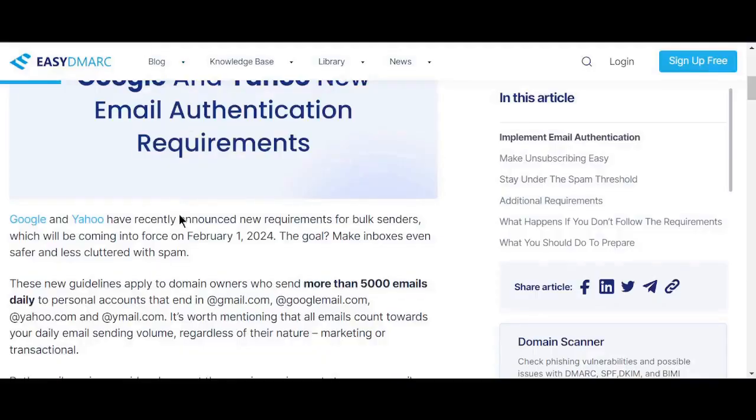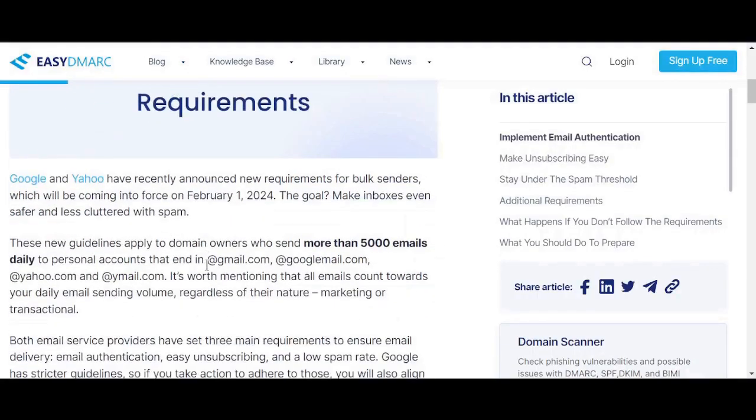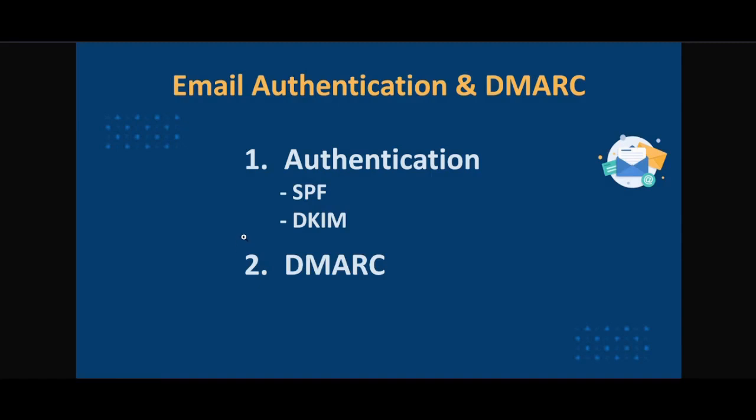Because of this change in Google, it's highly recommended everybody get these 3 set up for their business. If you have a free Gmail account or something, you don't have to worry about this stuff because it's already built in. But if you have a domain that you've purchased, if you have mybusiness.com and you're sending from John Smith at mybusiness.com, something like that, then it's very important that you have your authentication and DMARC set up before you do any email sending.